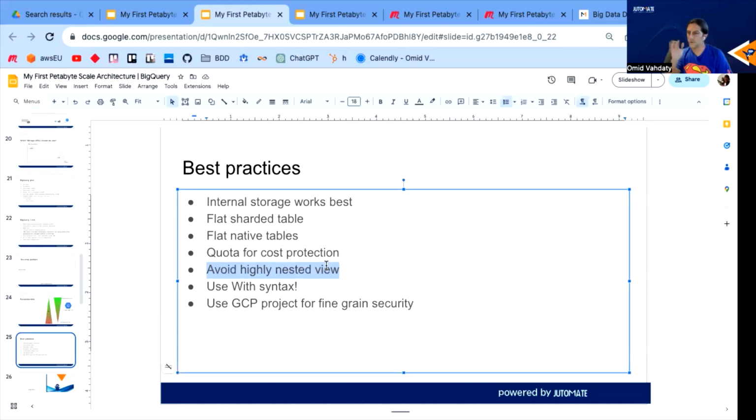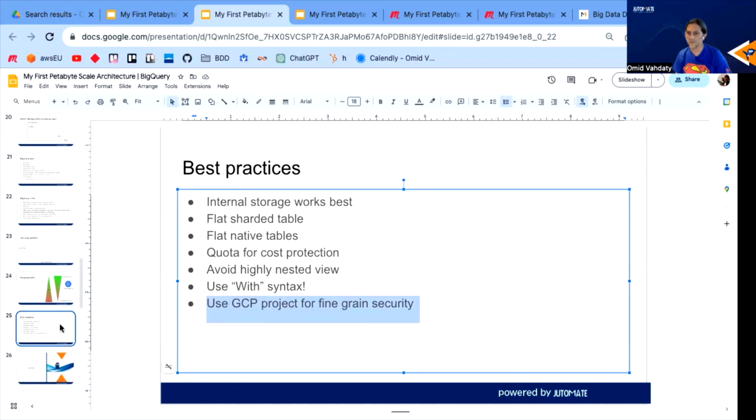This will slow you down dramatically. You won't be aware of the underlying reason for that because it requires a lot of compute power. Use the WITH syntax to make your queries very, very clear. It works well in BigQuery. And you can use GCP projects to divide your data sets into business units and have fine-grained security. Any questions?